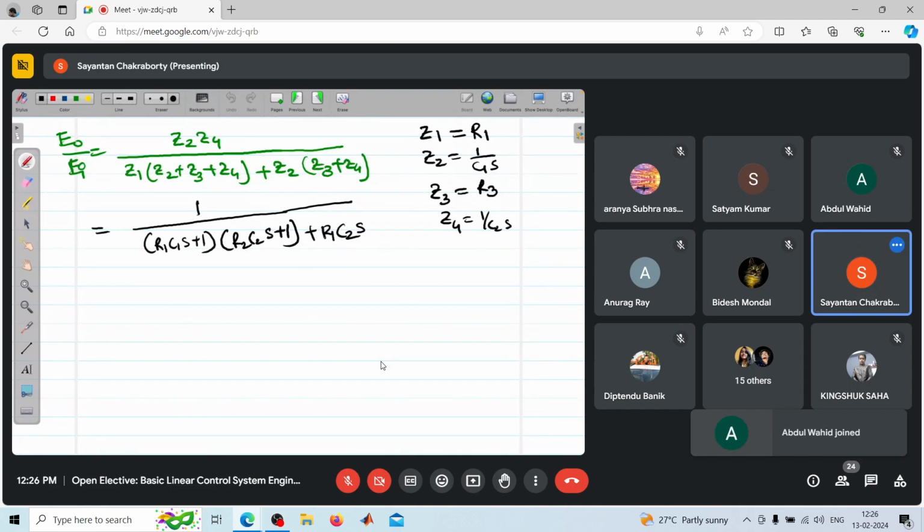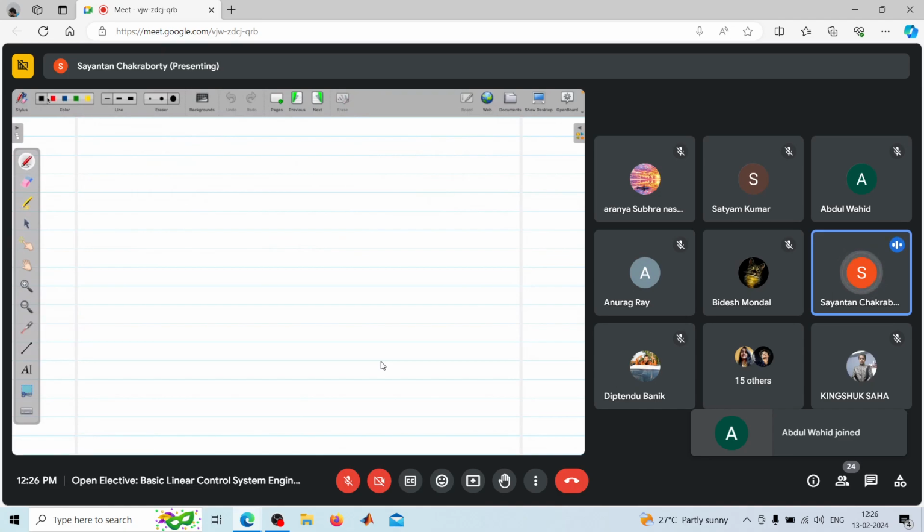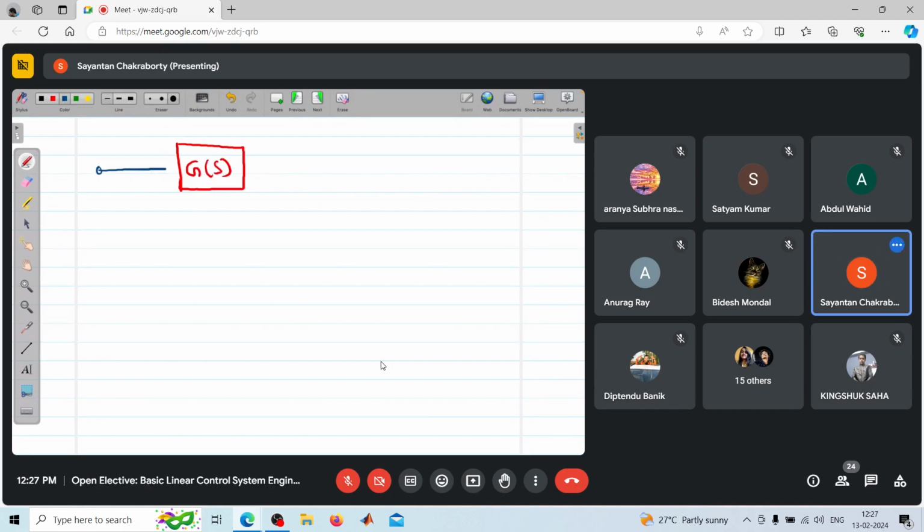Okay. So as we have seen that given a particular system, I can represent the system as this transfer function which relates this input Rs to its output Ys, or we'll be using the term Cs, such that Cs by Rs is equal to Gs, or Cs is equal to Gs into Rs.